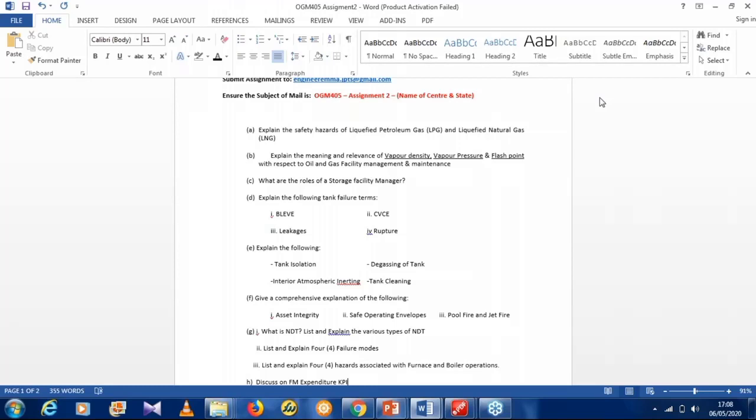Once you have a heat source, you have the fuel, and you have oxygen, you get fire. They are called the three elements of fire, the fire triangle. Now those elements are present: we have the fuel, which is the hydrocarbon we are dealing with, either transporting or processing or moving one way or the other. And we also have the storage.